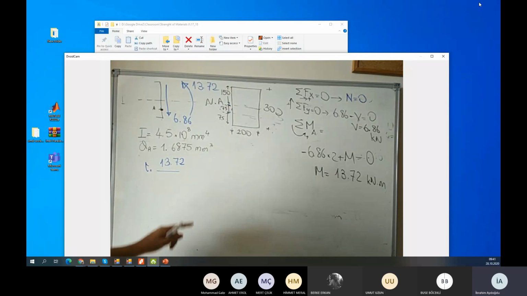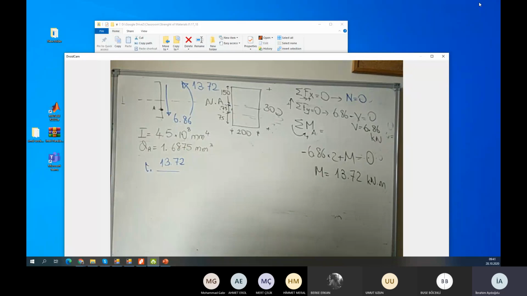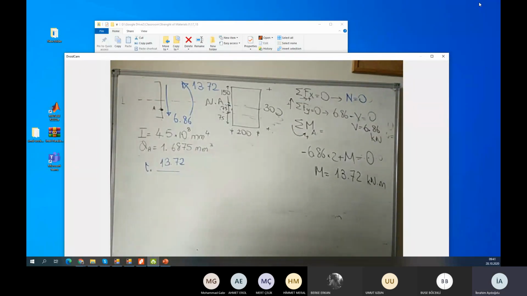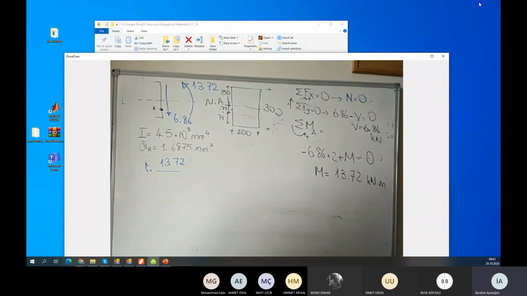This unit is millimeter, so I have to make a choice. Which units do we need to use? Which one do you want? Should we stay with kilonewton millimeter or Newton millimeter?